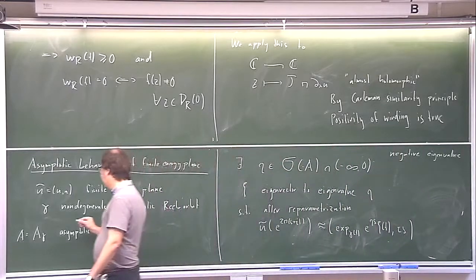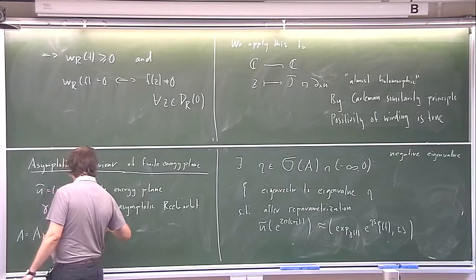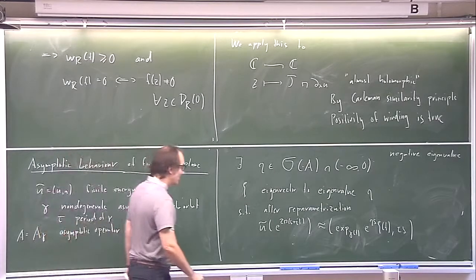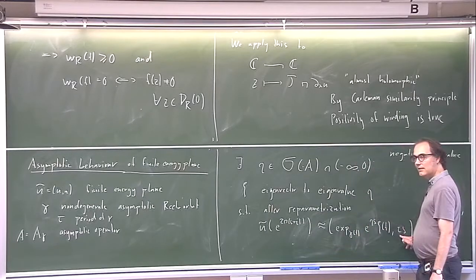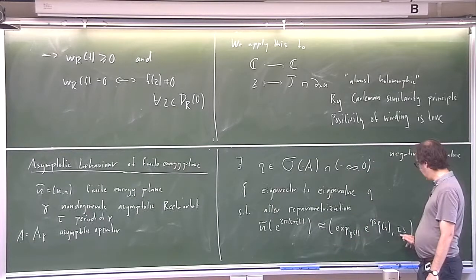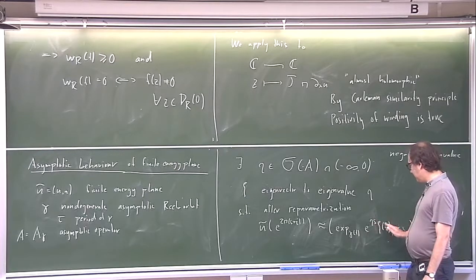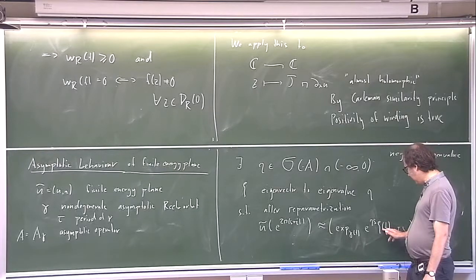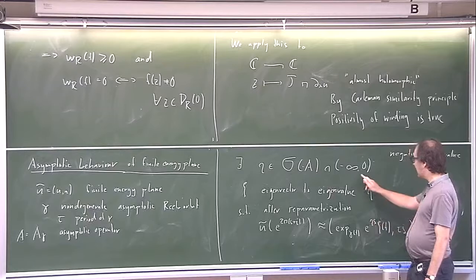tau is the period of gamma. So the a asymptotically goes like tau s, tau the period, and the u goes basically like this eigenvector which decays exponentially, as eta is negative.